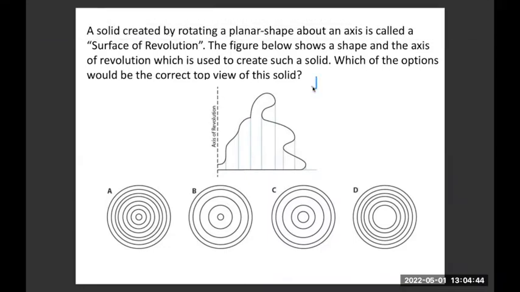So I have to look at this object from the top, and when I rotate this 360 degrees along this axis, I will get either of this kind of form when I look at it from the top. So which of this is the correct top view of the solid? You don't have to draw the solid, but you have to just find the top view of it.